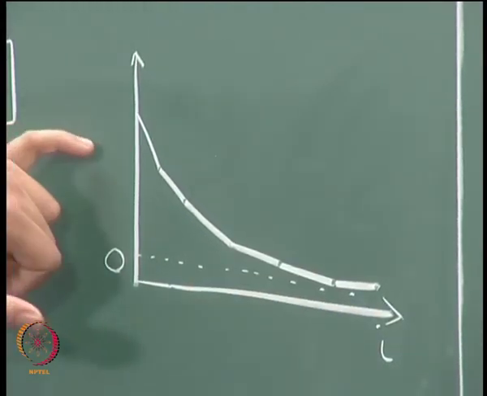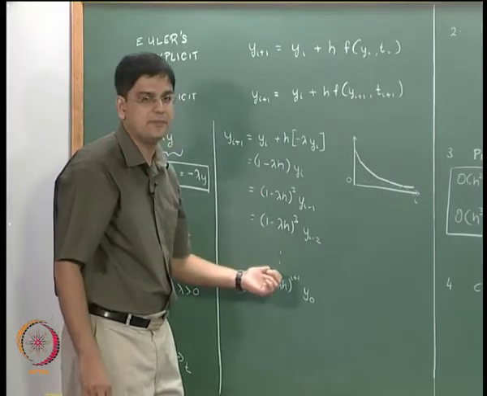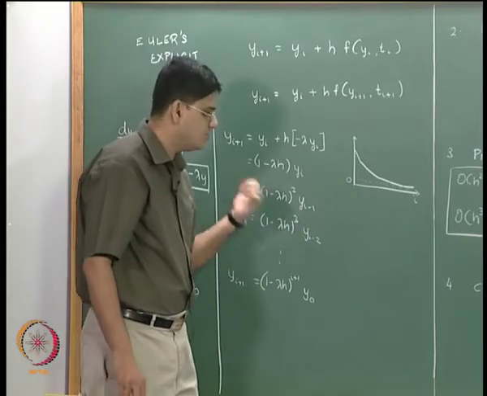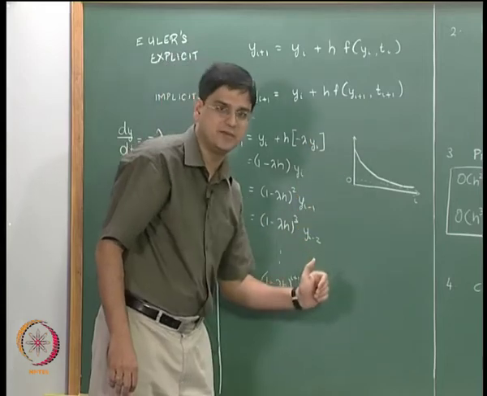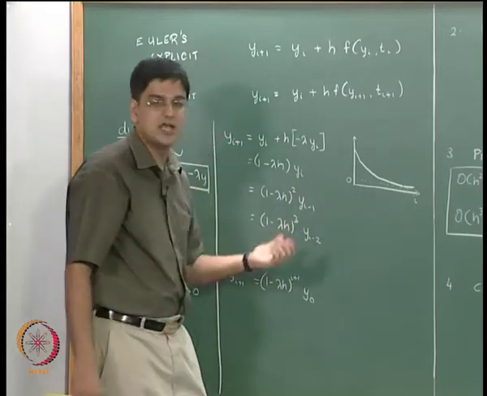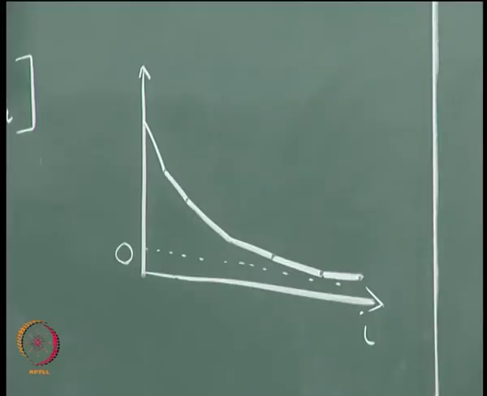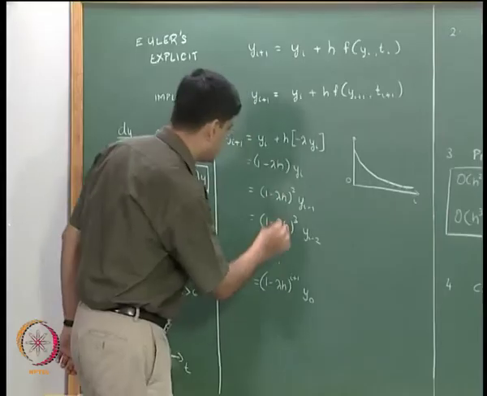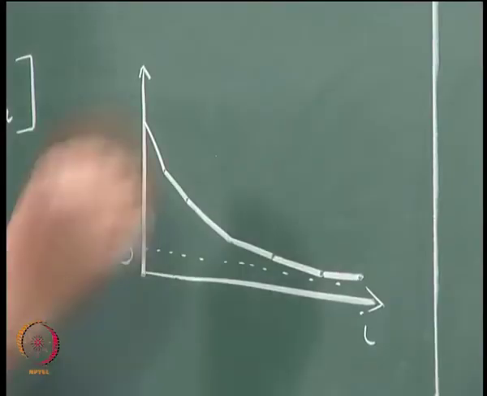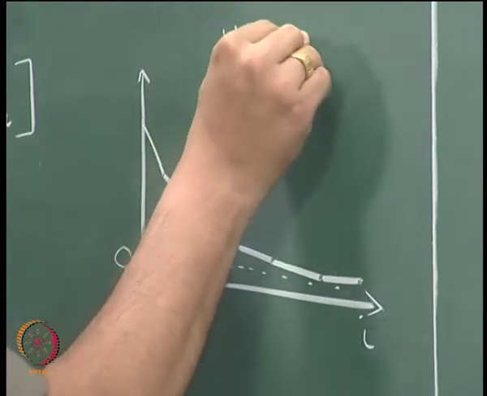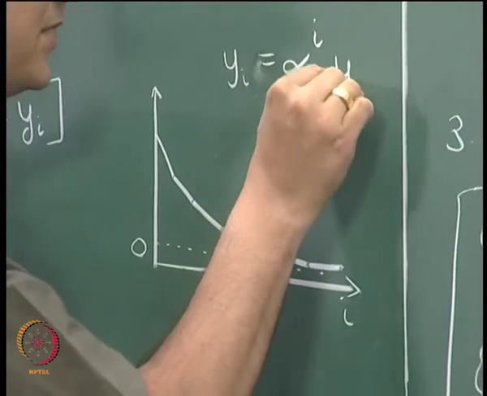For this to happen, what we need is that 1 minus lambda h should lie between minus 1 and plus 1, which is required for stability, and this should be positive, which is required for monotonicity. So let's call 1 minus lambda h as alpha, so that yi equals alpha to the power i multiplied by y0.